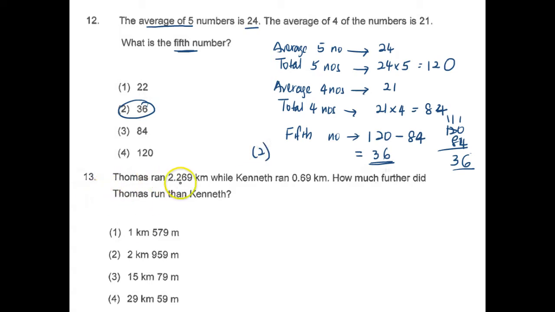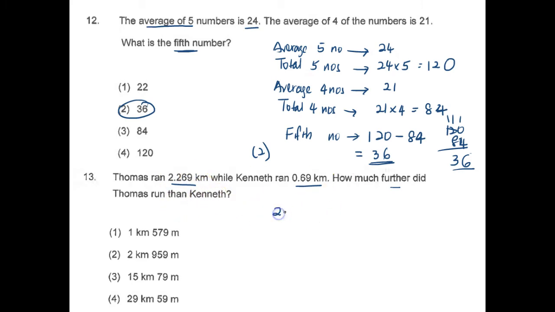Question 13. Thomas ran 2.269 km while Kenneth ran 0.69 km. How much further did Thomas run than Kenneth? So they are running. I want to find further. Okay, so what do I do? I take 2.269. Thomas ran further than Kenneth.